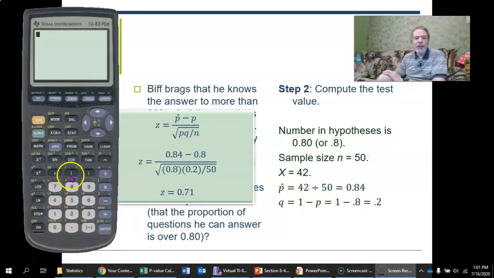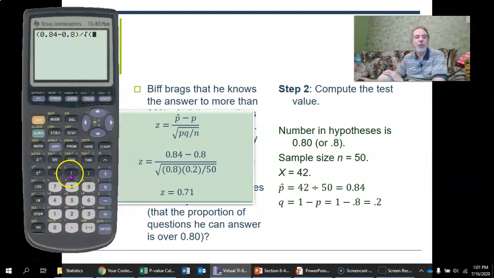Okay, Mr. Calculator, remember I said we need parentheses around the numerator, so parenthesis 0.84 minus 0.8, close parentheses, divided by the square root of, and my calculator automatically put in a parenthesis.